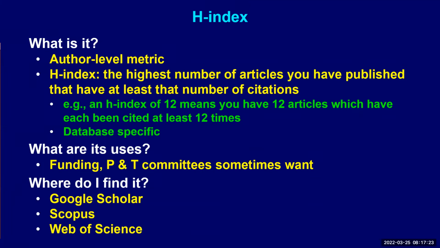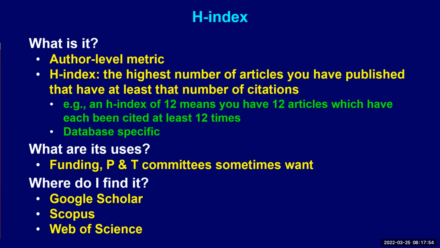And probably the most well-known is the H index. It incorporates the number of publications and the number of citations for each. So the H index is the highest number of articles that you've published that have at least that number of citations.